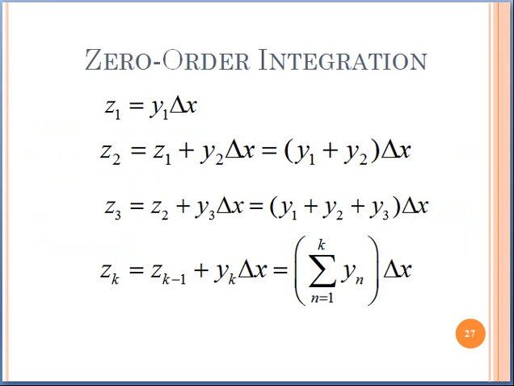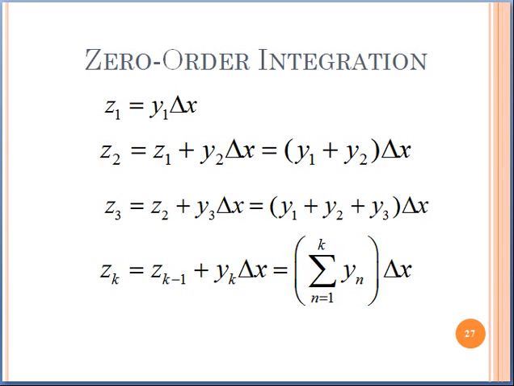Now previously, as we have defined the u function for differentiation, here we are defining the z function for integration, for zero order integration. Here we are having the formula for zero order, that is z1 is equal to y1 into del x. Similarly z2 is z1 plus y2 of del x.